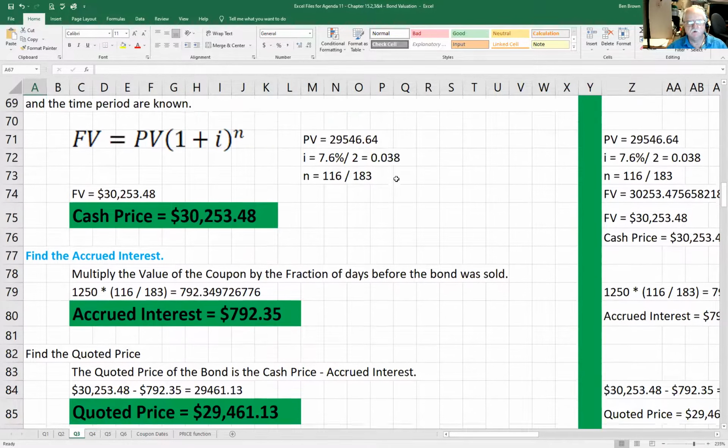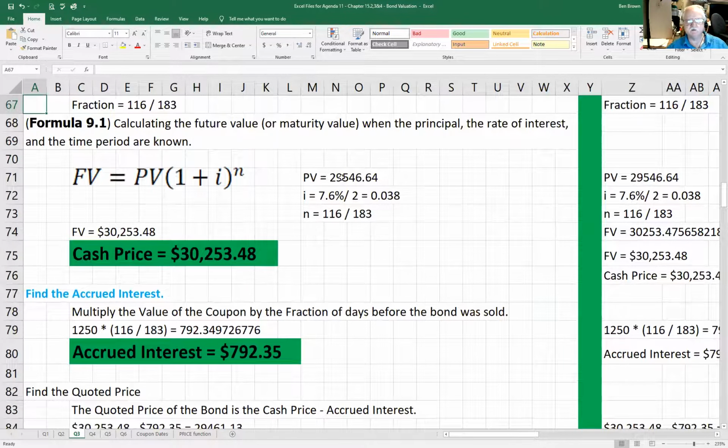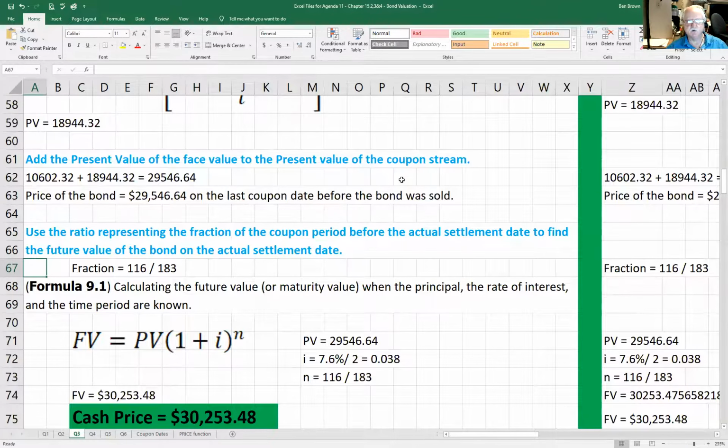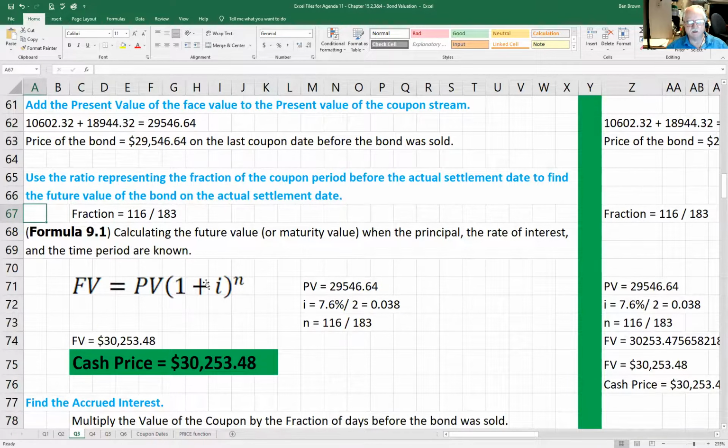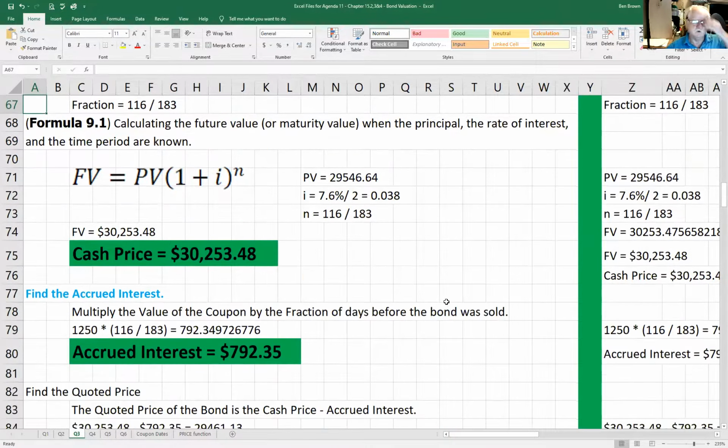And so we're going to take the present value that we figured out up here that the bond was worth, and we're going to take that forward for 116 out of 183 days and find out that once we add that fraction of the time of the bond, then this bond actually becomes worth 30,253.48.